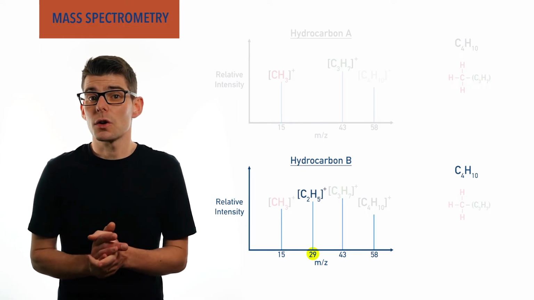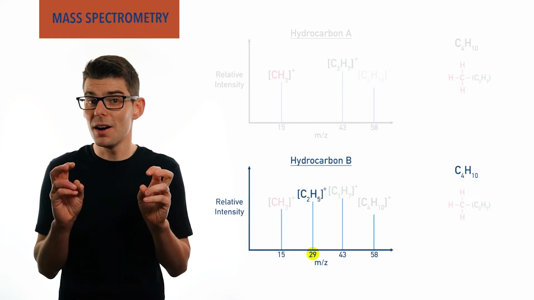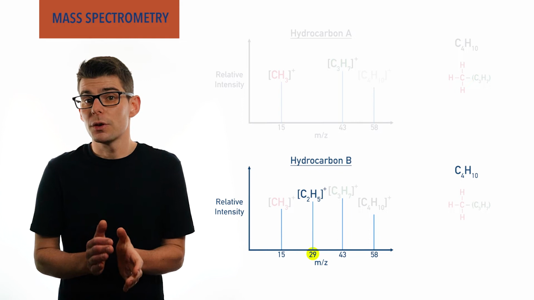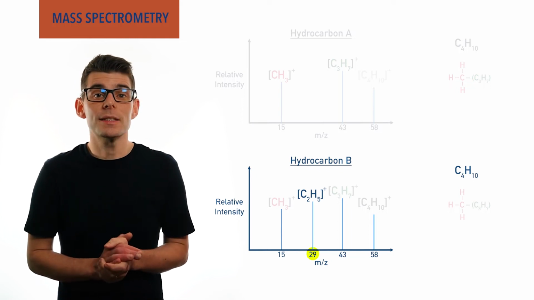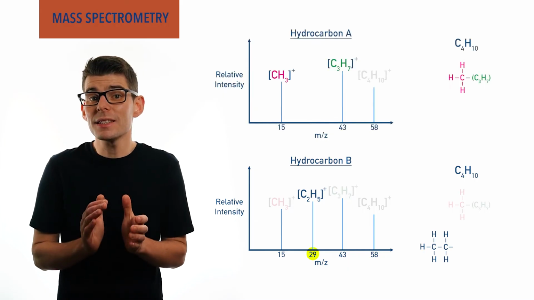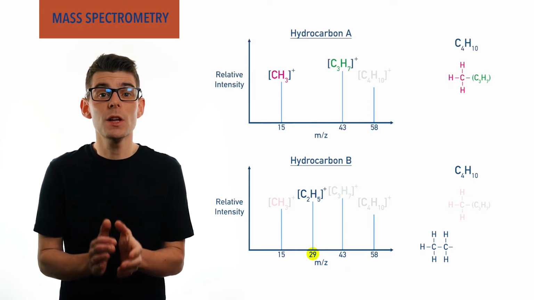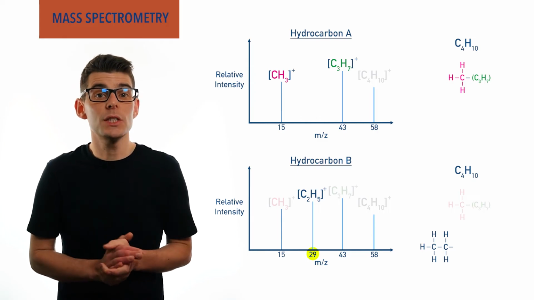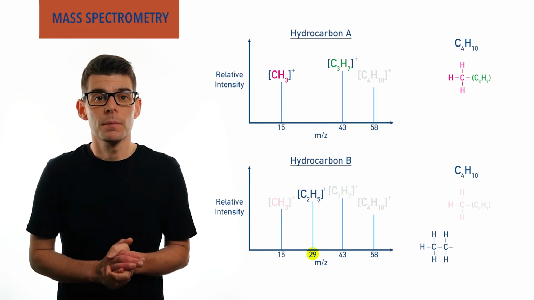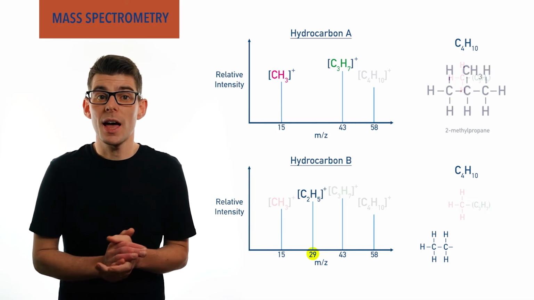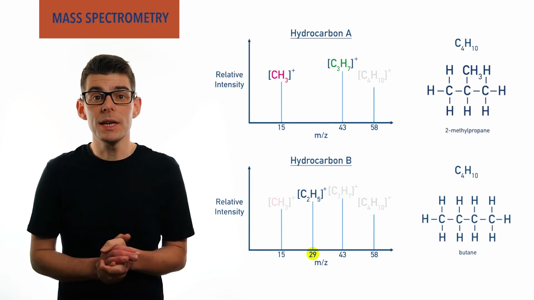This tells us that compound B can be split apart in different ways to give a CH3 group, a C3H7 group, and a C2H5 group. Because compound A doesn't have the peak at 29, we know it isn't possible to easily break apart A to give a C2H5 ion. Possible structures then might be 2-methylpropane for A and butane for B.